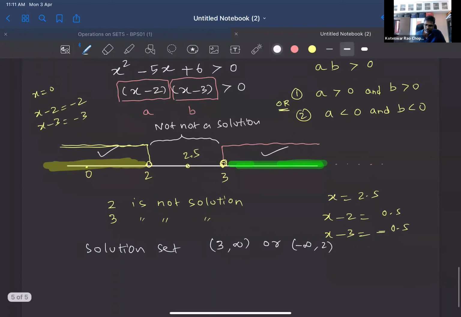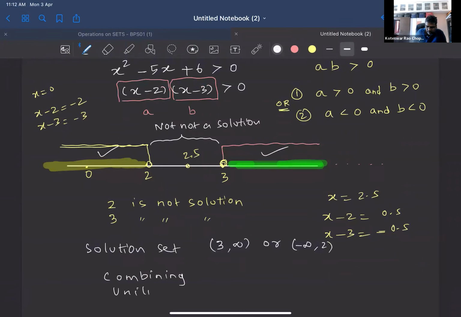Now you know that there are 2 sets here, right? This is one set and this is another set. Now your solutions can come from either of the sets. So you are going to combine them. Combination is like uniting, right? Combining is uniting, making union.